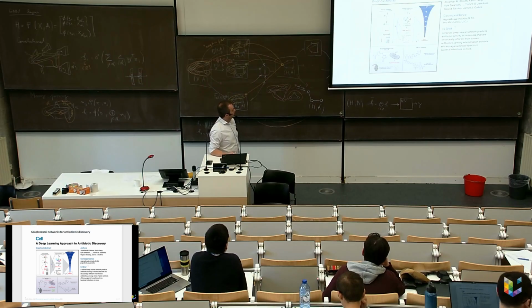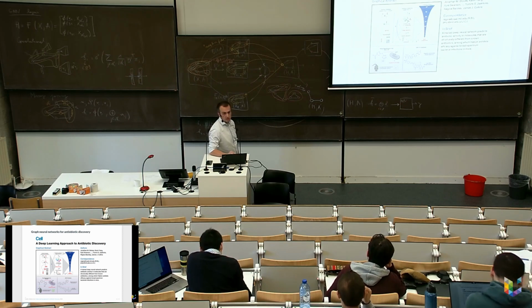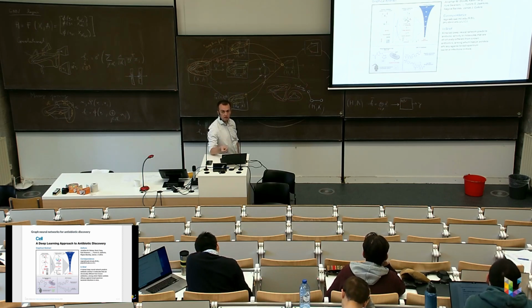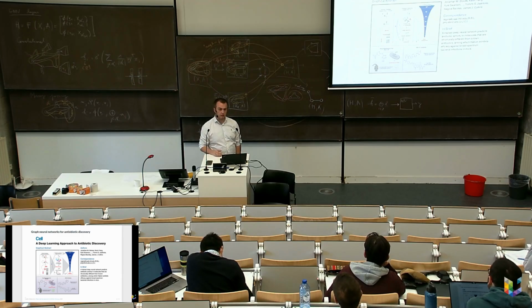The goal is to have a graph neural network that takes as input a molecule, which is represented as a graph. Nodes are atoms, and edges correspond to bonds connecting two atoms. The goal of this neural network is to say, for example, whether this molecule would have a pharmacological effect, for example, would it inhibit the growth of some bacteria? If that's the case, then the molecule is actually an antibiotic, which is something very important.